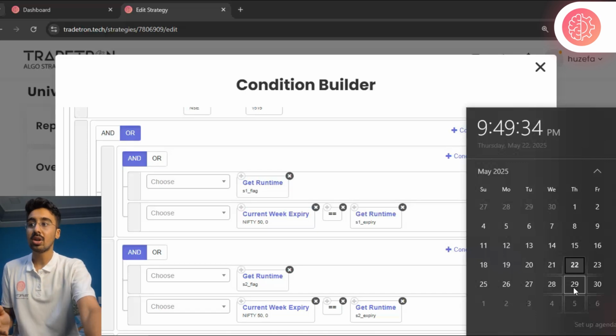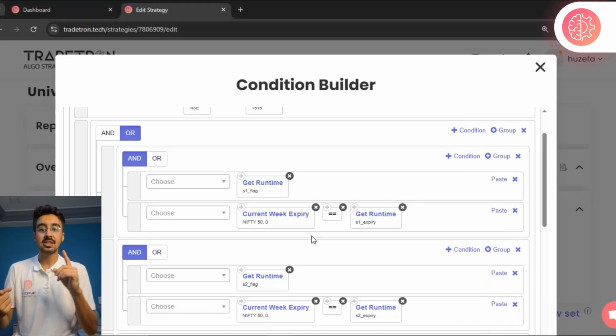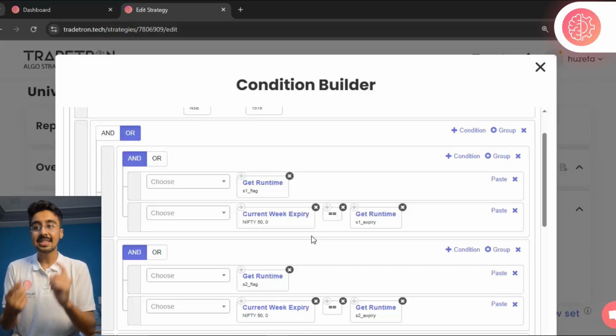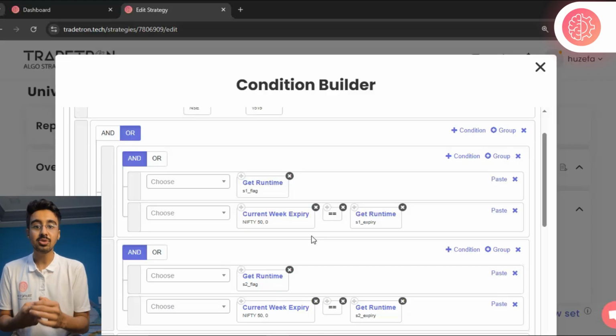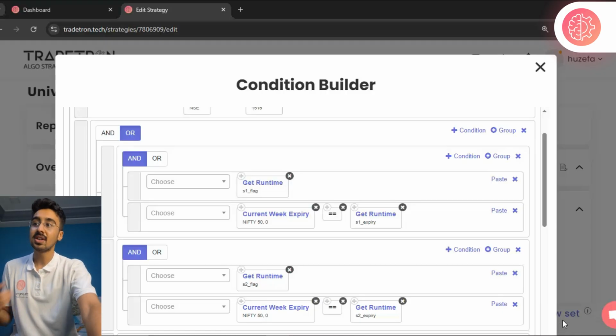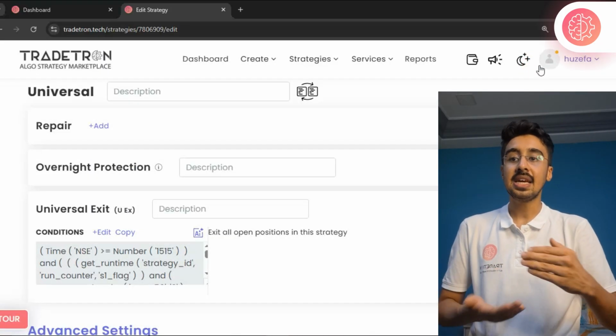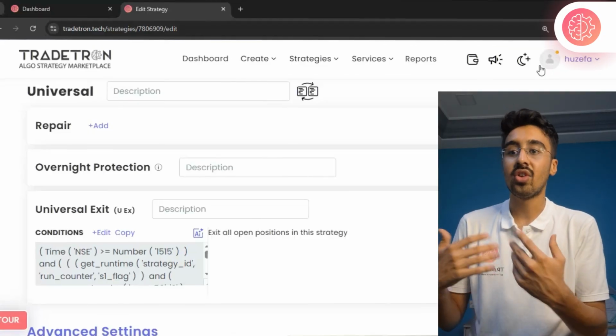So what I'm doing out here broadly is first checking that particular set is open, and by open I mean it has an open position, and second I'm checking that the expiry of Nifty and the expiry of that particular instrument that I have traded, is it the same thing? If it is the same, then my universal exit will get triggered, and all the positions that I have traded will basically get squared off from my strategy.